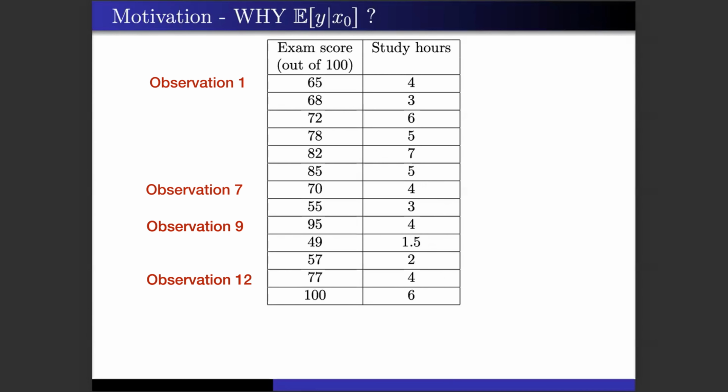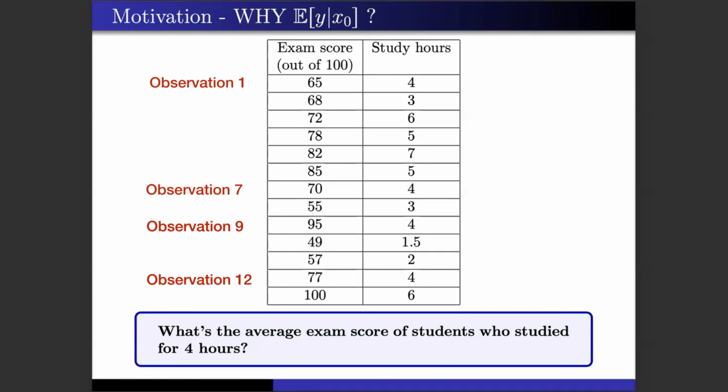Now let me ask you all a question. What is the average exam score of students who studied for 4 hours? How would we answer this? The question is asking about the average exam score. Exam score is the dependent variable. And of those students who studied for 4 hours, which means we are not interested in other students' exam scores.